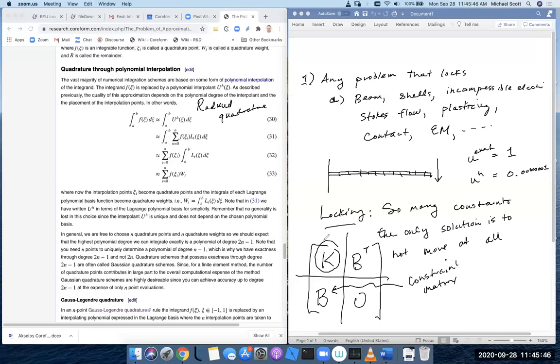And so the question becomes, these columns correspond to the number of nodes, and these rows correspond to the number of constraints. What you want to show is that as the number of nodes goes to infinity or gets really big, in some sense the constraints grow at the same rate. Otherwise, you're going to get a matrix that's infinitely tall. And what that's going to mean is that in the limit, you're going to engender linear dependencies in your constraints. That's another way of viewing locking.